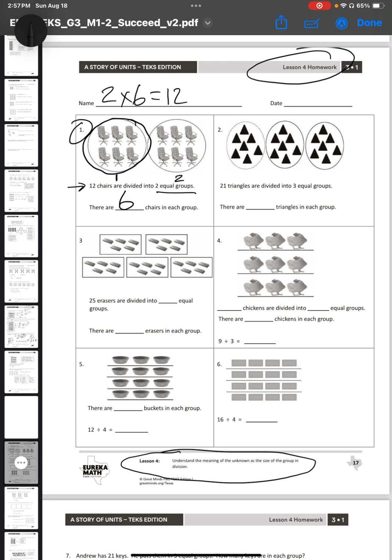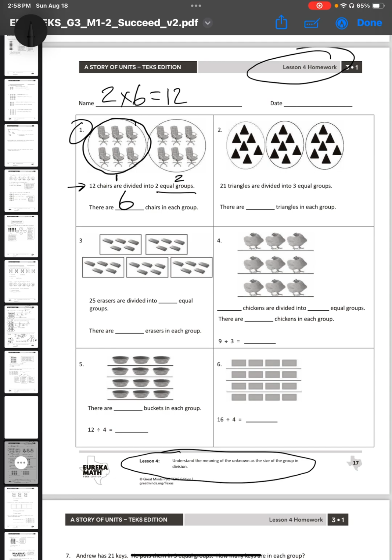I always strongly encourage using anything you have at home as a manipulative where kids can physically build and sort these problems. If someone told you you could only do that for one concept, which no one's going to tell you that, but if they did, division would be the concept I would do that on, so that they can physically practice dividing out objects into equal groups and start to make the connection to multiplication.